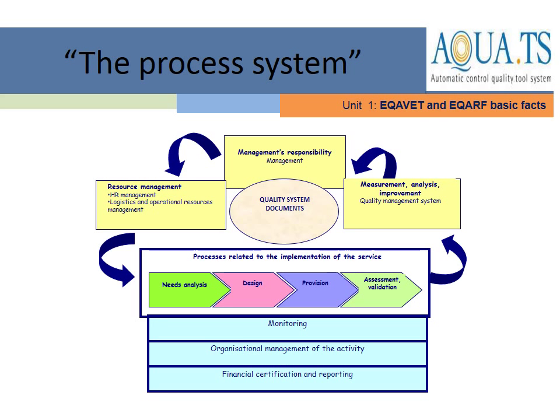The process system. An approach to quality assurance of vocational training much adopted by training providers is focused on ensuring the quality of processes. Given the difficulties in delivering services, in order to measure the quality of the products, it is preferred to focus on the quality of the processes that make the training products or services.